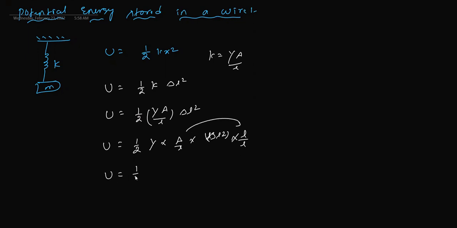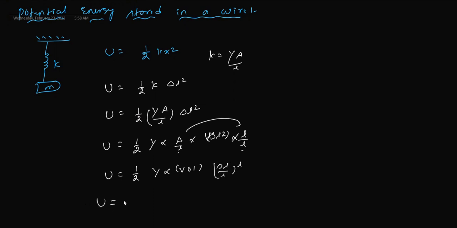Therefore, U equals half into Y into volume into delta L by L whole square, because L into L is L square here. So delta L by L whole square can be written as strain square, right?